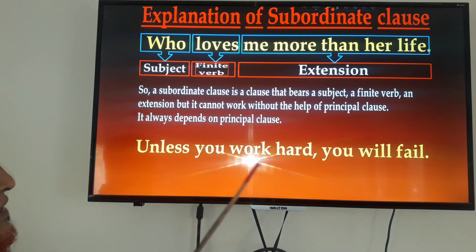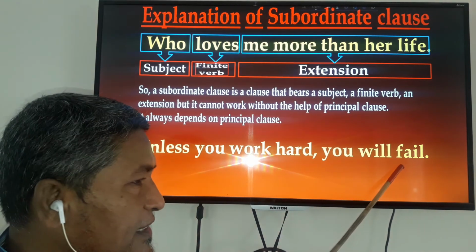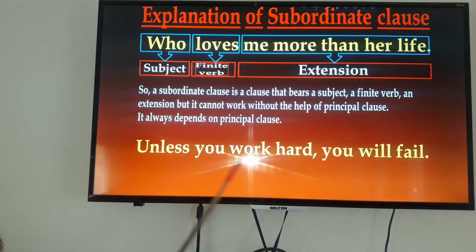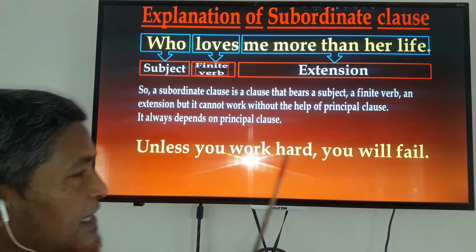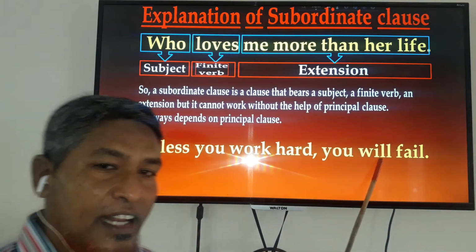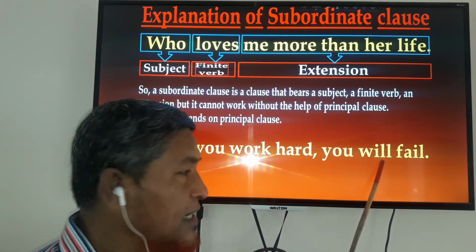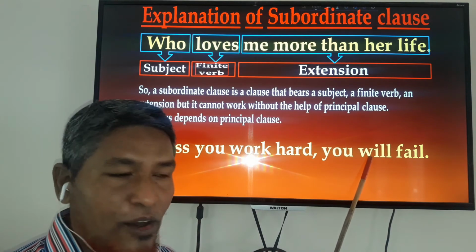Here is another example. Unless you work hard, you will fail. In this sentence, there are two parts. First, unless you work hard, and then you will fail. In this sentence, you will fail is independent, and it is the principal clause.